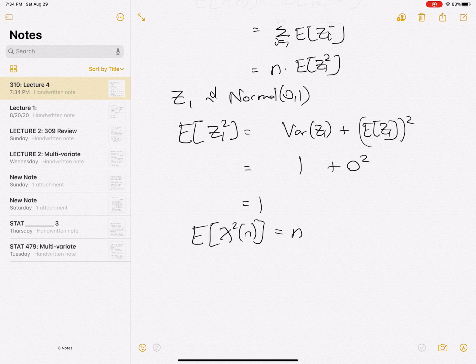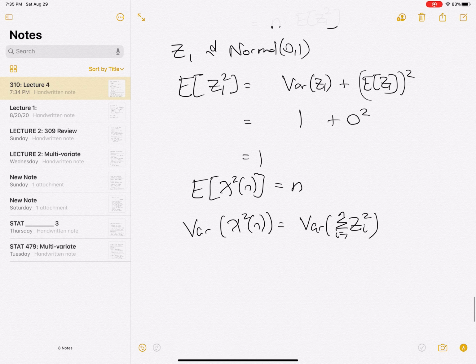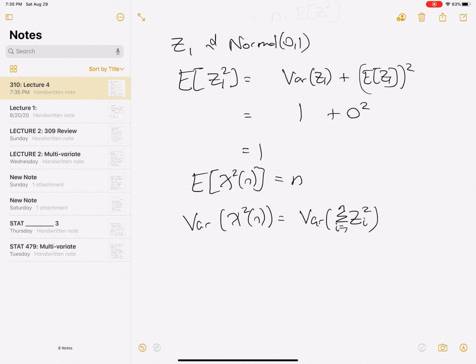Okay, and now we can also calculate the variance of this random variable. That equals the variance of the sum of the Zi squareds.